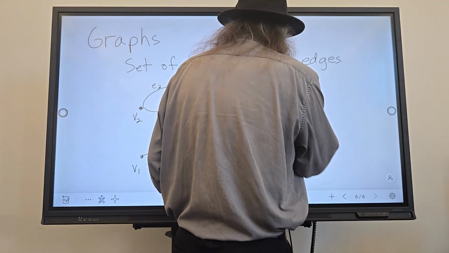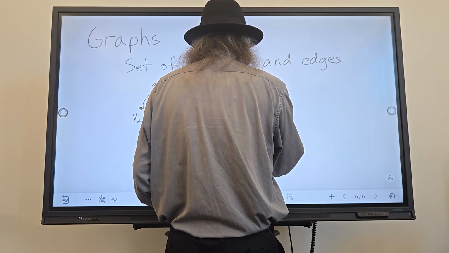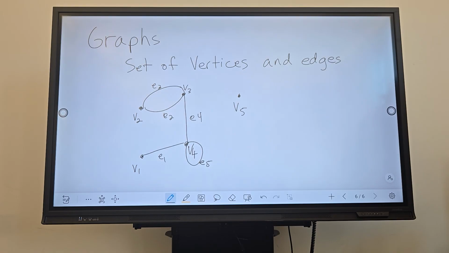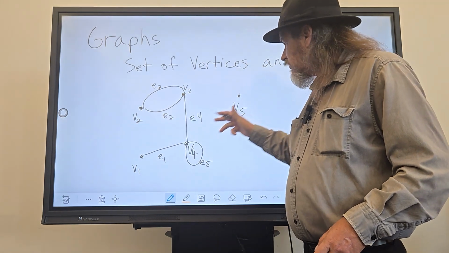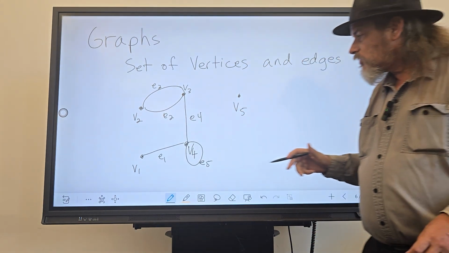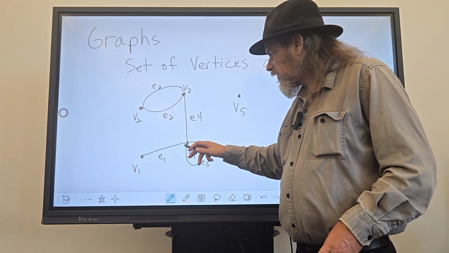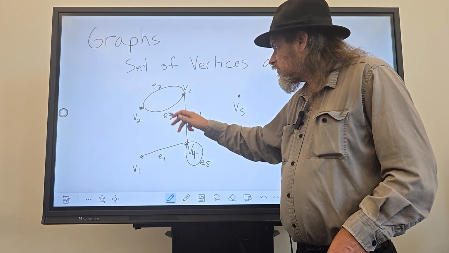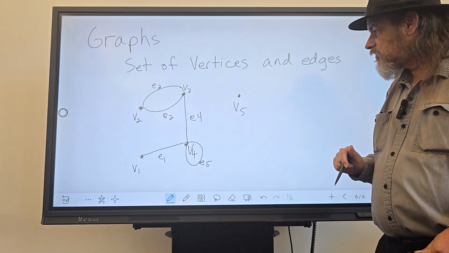And then we got a V5 out here. Okay. Vertices are labeled with V's: V1, V2, V3, V4, V5. Edges are labeled with E's, and you have a line, and they connect vertices: E1, E2, E3, E4, E5, and nothing over by V5.